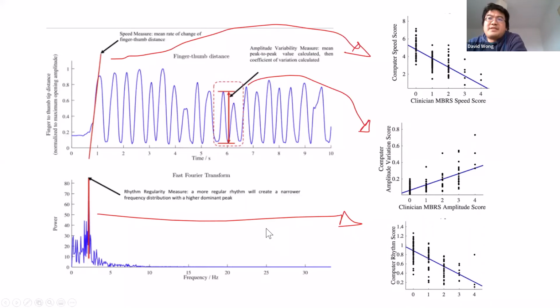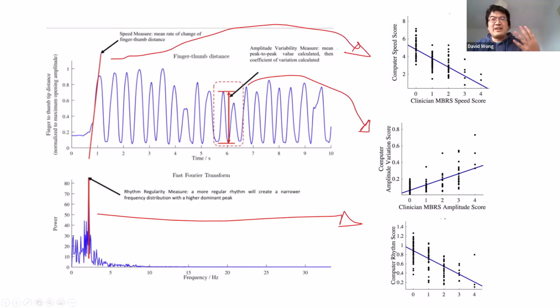We then selected some metrics from the signal that we thought should correlate with these components of a finger tapping test, and those were entirely heuristic. There's no guarantee at all that they're the best metric. They're a very quick and dirty clinical analysis.